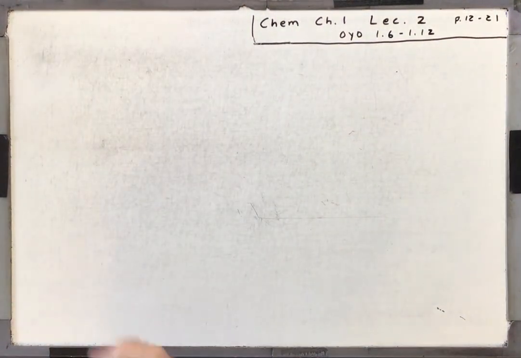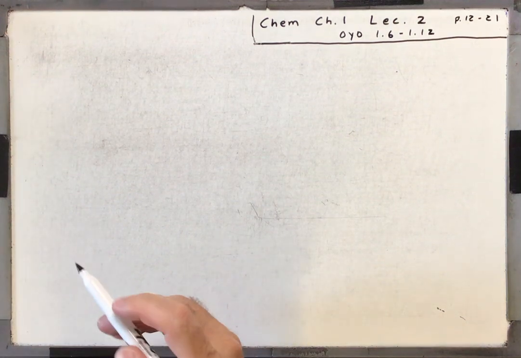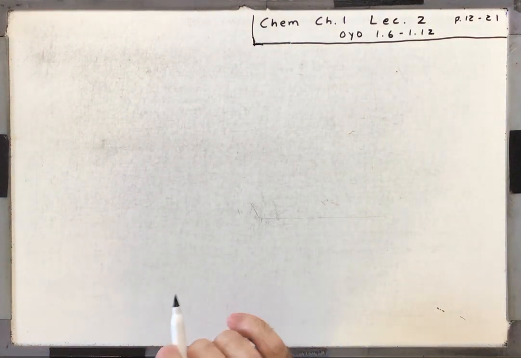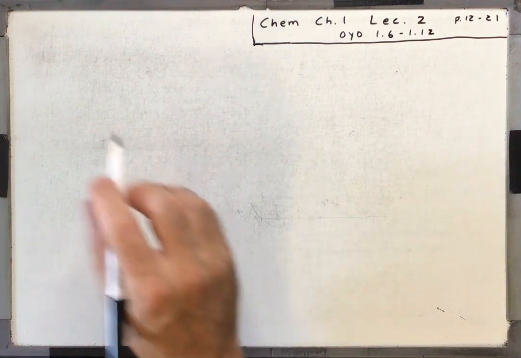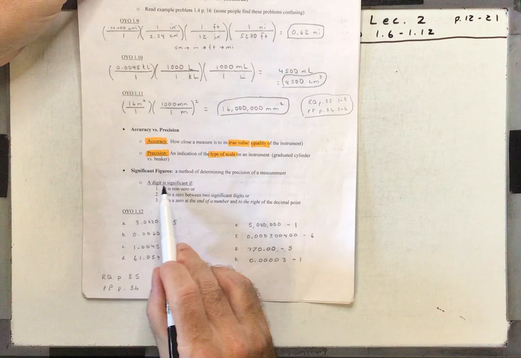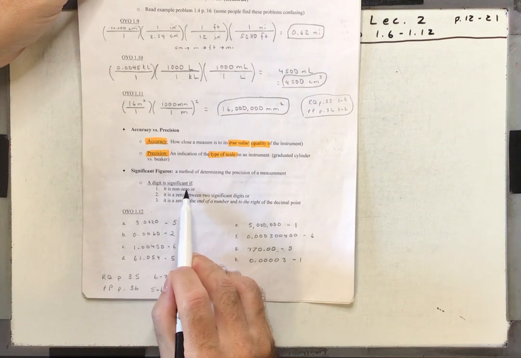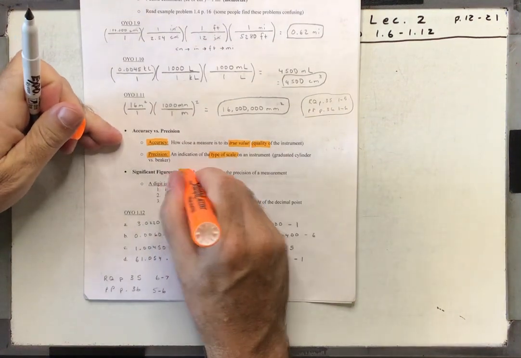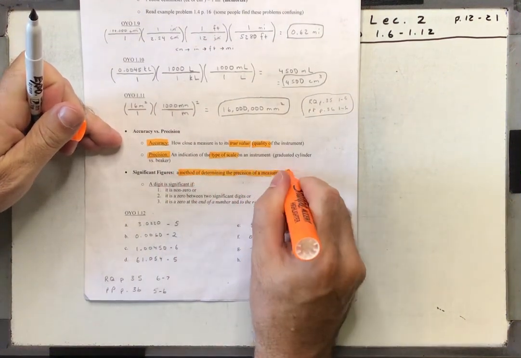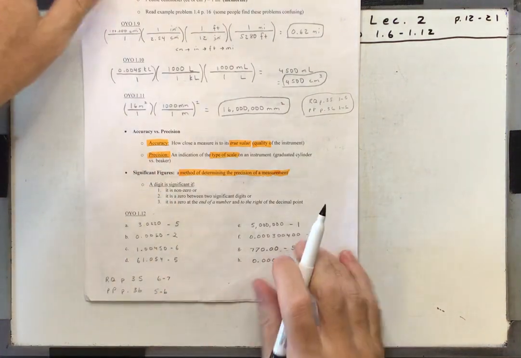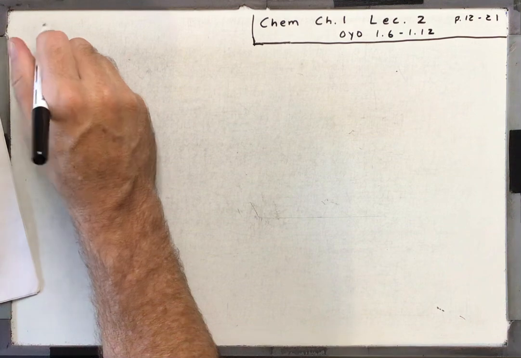Okay, so let's talk about significant figures. This has to do with the precision of equipment and what you can report equipment to. On your notes, you'll need to memorize this. Significant figures are a method of determining the precision of a measurement.